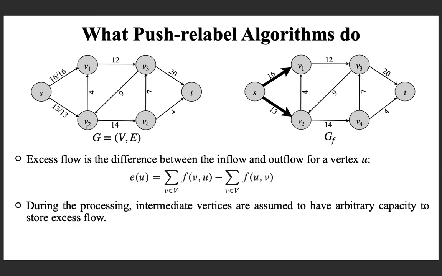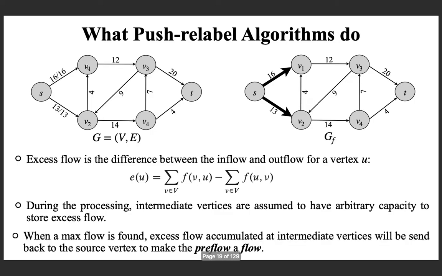So here there is a value of 13 and here it is 16, and all these intermediate vertices are assumed to have infinite capacity or enough capacity to hold the excess flow, whatever it is. This is an assumed property.